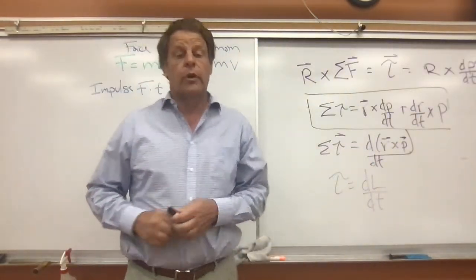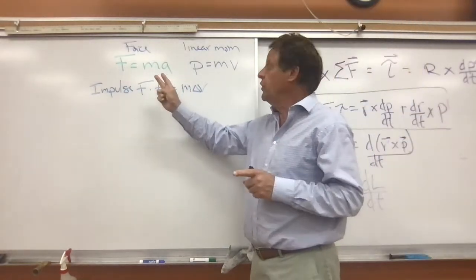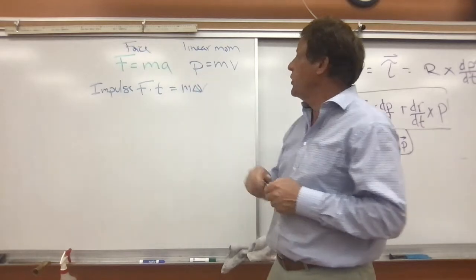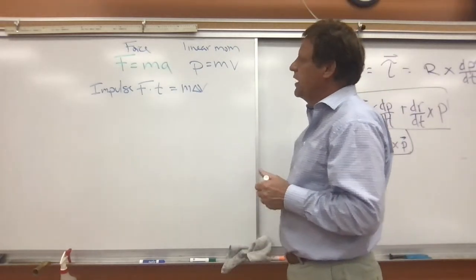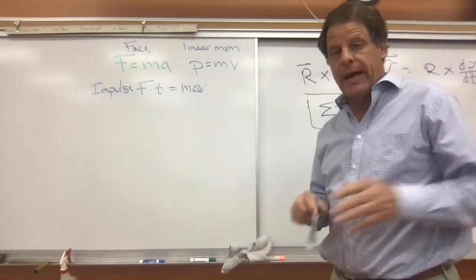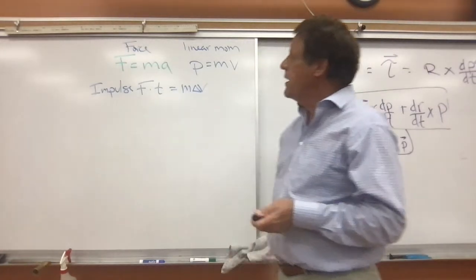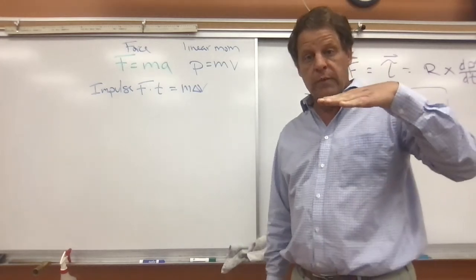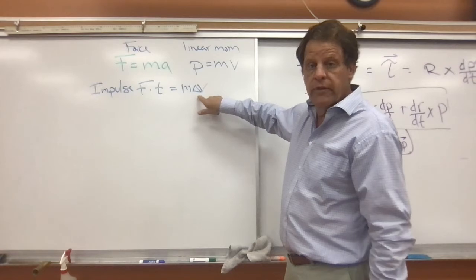All right, so we're now going to look at, going back to review, F, or force, is equal to mass times acceleration. If we go back to linear momentum, P is equal to mass times velocity. So that's kind of going back to that momentum chapter, linear momentum. Remember also that impulse was equal to force times time. So if we apply a force to an object for a certain period of time, then we're going to change the velocity.